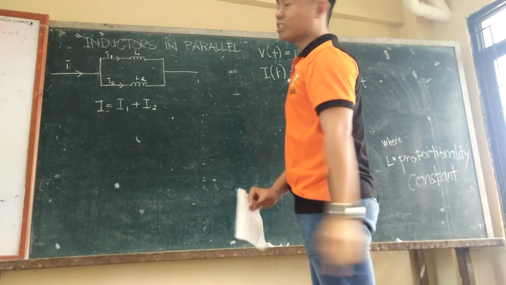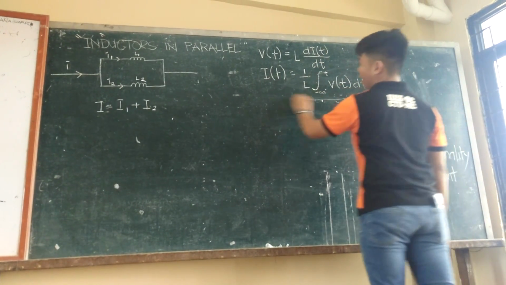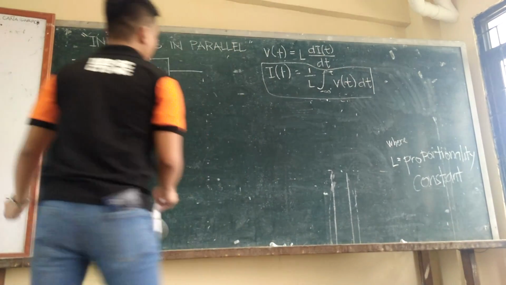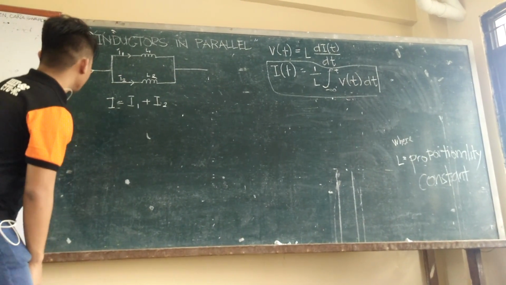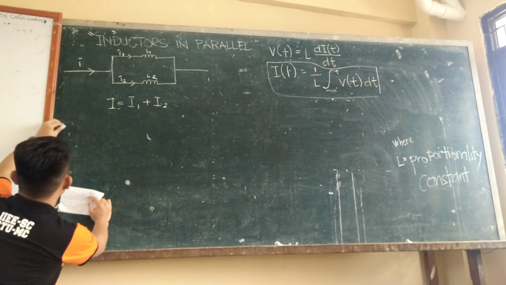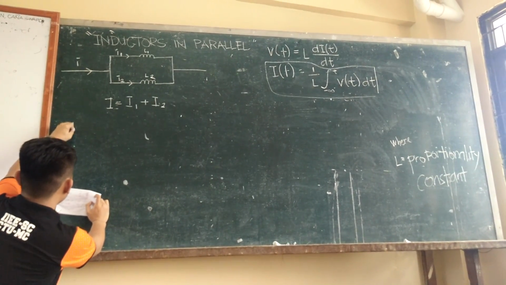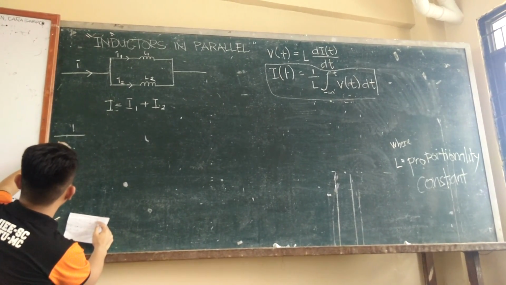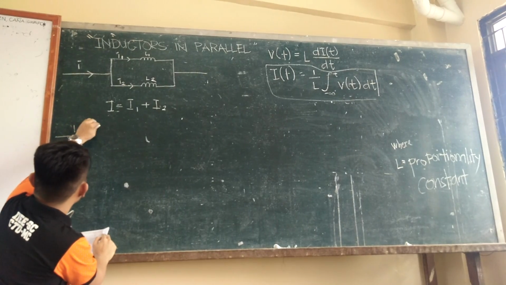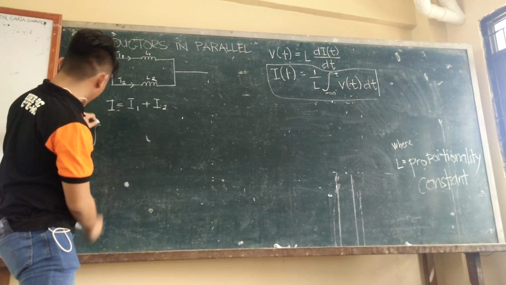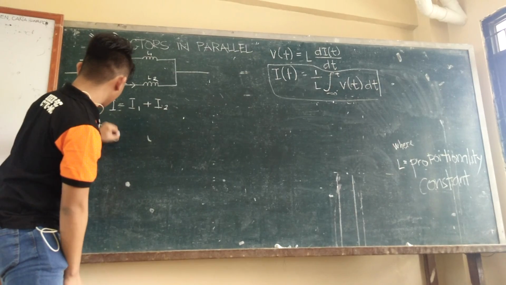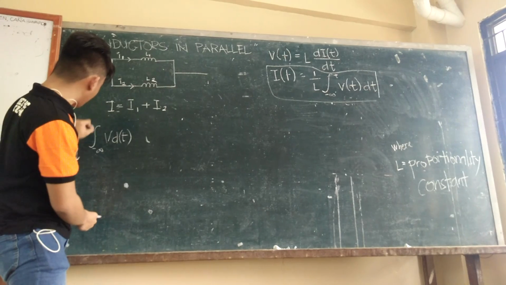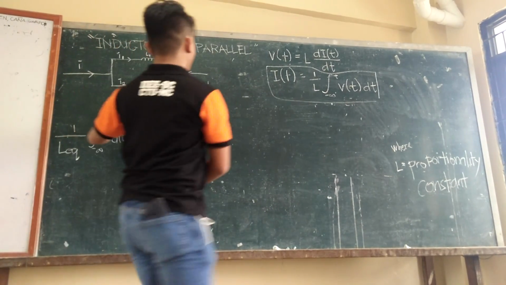To further substitute, we know the formula for current in an inductor is this. So to substitute, I total here will be I equivalent, which is 1 over L equivalent times the integral of V dt, with limits from negative infinity, equals I1 plus I2.